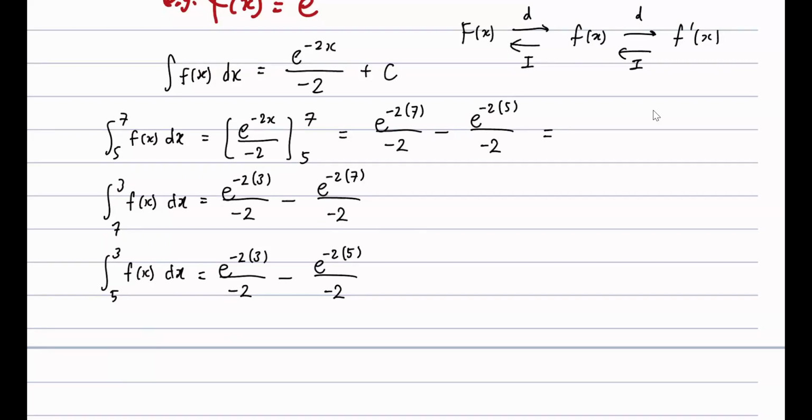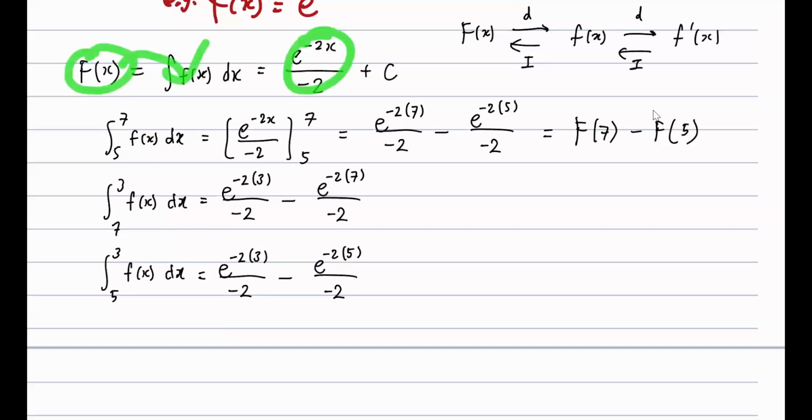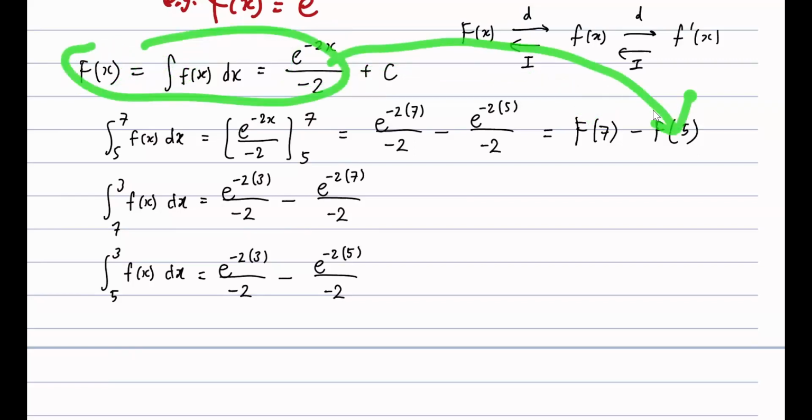So what's a fancier way to write this? It will be capital F of 7 minus capital F of 5, where capital F of x is the integral, which is this function here. I'm replacing the x with a 7, so F bracket 7, and the x with a 5, so F bracket 5.